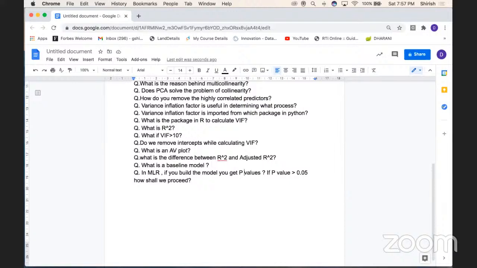So first, what will you do? You will check for something called influential observations, right? If your p-values are greater than 0.05, then try to check and test for influential observations using the influence index plot. When you do that plot, you get 4 graphs. Remember Cook's distance, right?